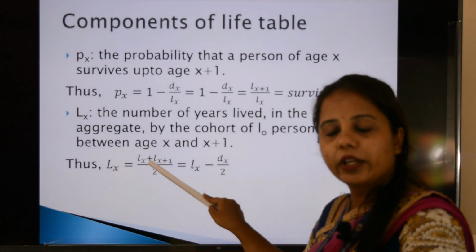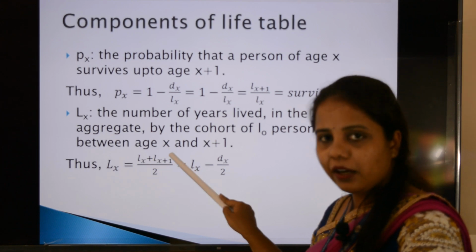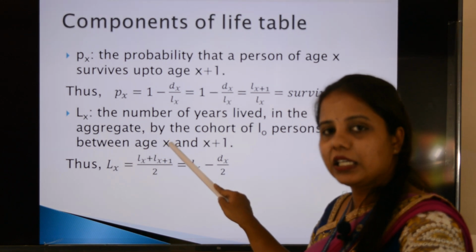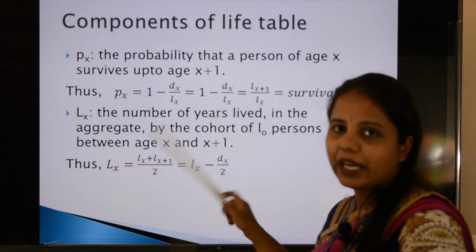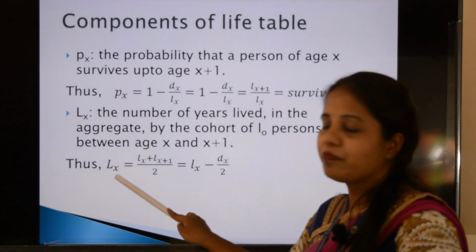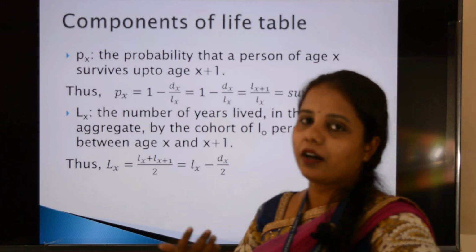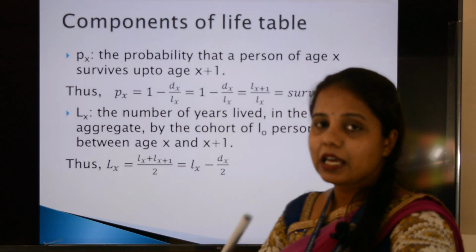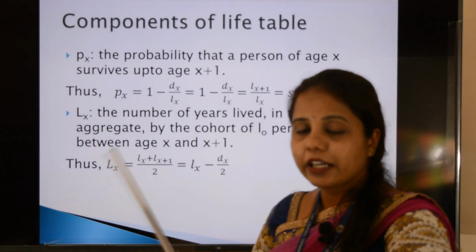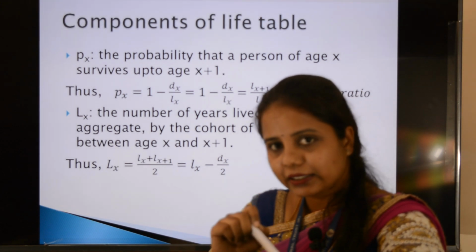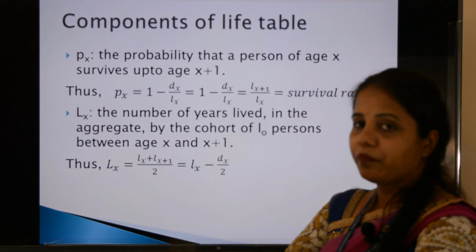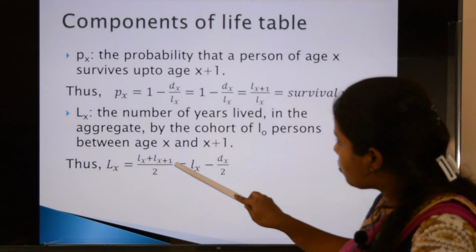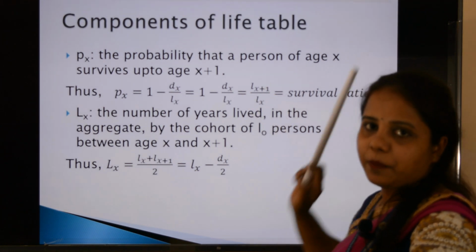What was l20 in our example? 9, and l21 was 7. So 9 plus 7, 16. 16 divided by 2, 8. So 8 will become capital Lx in the example that we are considering. Did you understand? So I repeat, capital letter Lx is the average number of years lived by the cohort between x and x plus 1. This formula we can also write as lx minus dx by 2, using the previous expression.